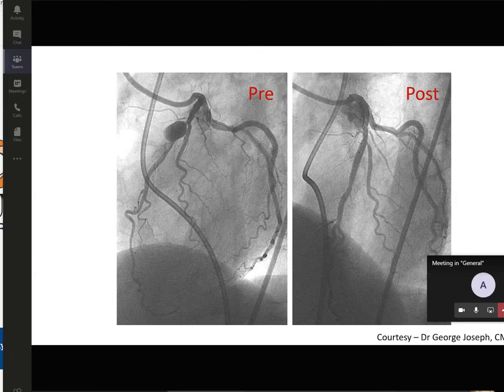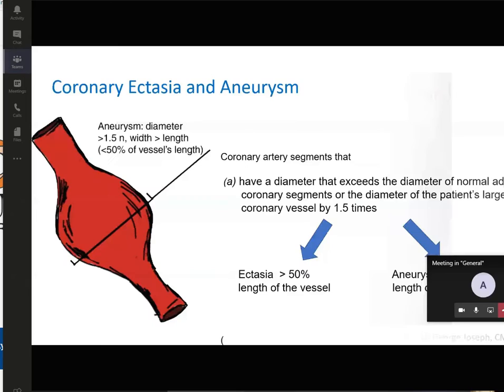So this is the pre and post. What has been done? It's an aneurysm, post covered stent. The covered stent is put to close the aneurysm. So this is the difference between a coronary ectasia and an aneurysm.